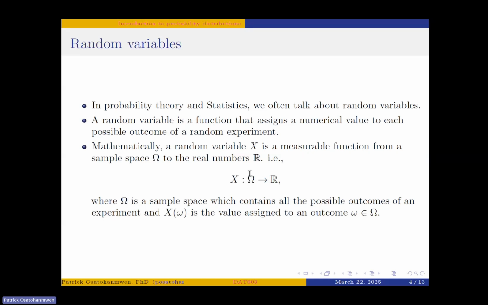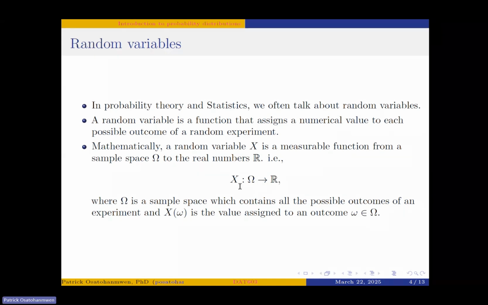In other words, the domain, the input that X takes, are all the outcomes that are in omega. However, the function proceeds in such a manner that it processes these outcomes. It processes points on this set, omega, to produce a real number. That's what a random variable is.